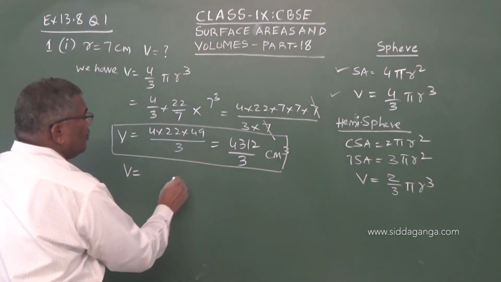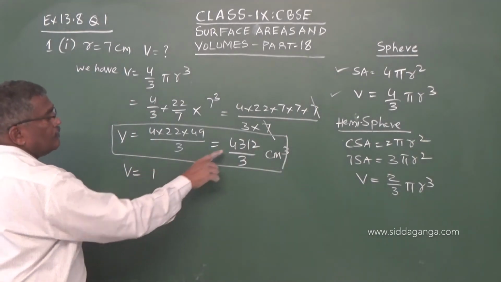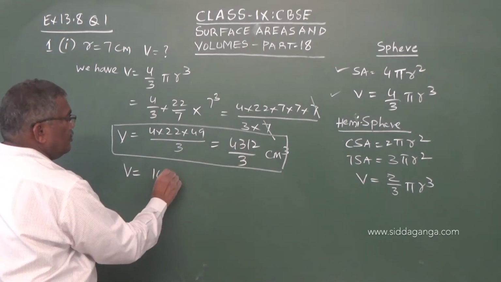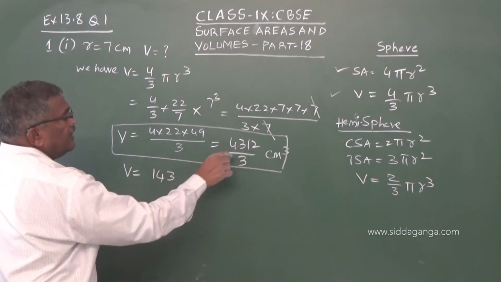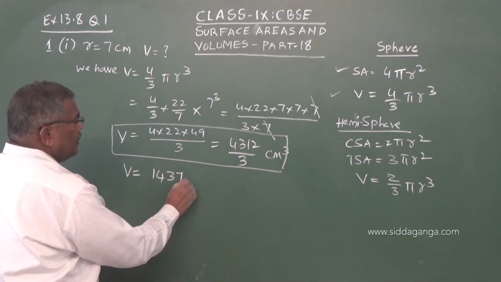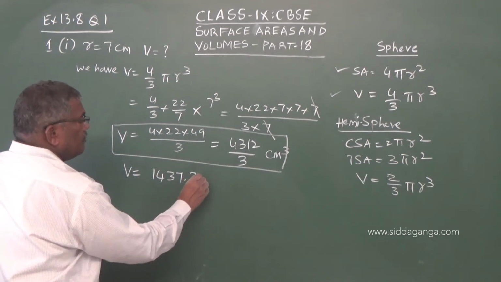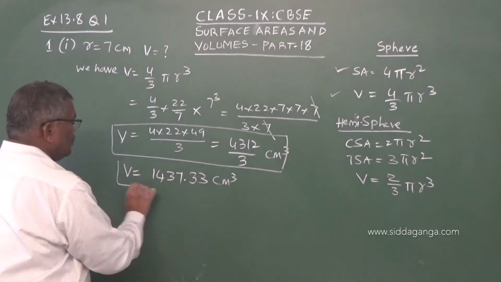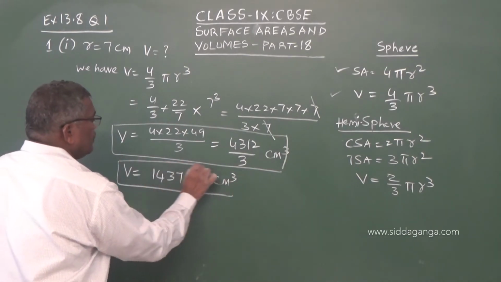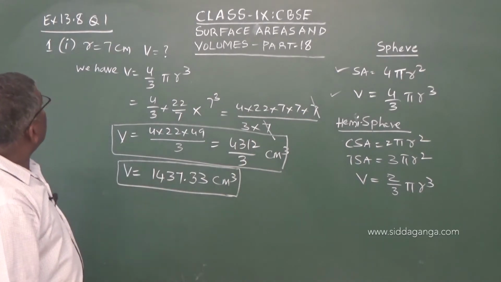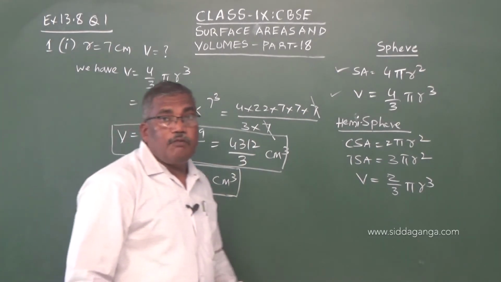Volume is equal to 3 ones are 3, 3 fours are 12, 3 threes are 9, 3 sevens are 21, and so on, centimeter cube. You can simplify this way also. So this is question number 1, sub question 1.